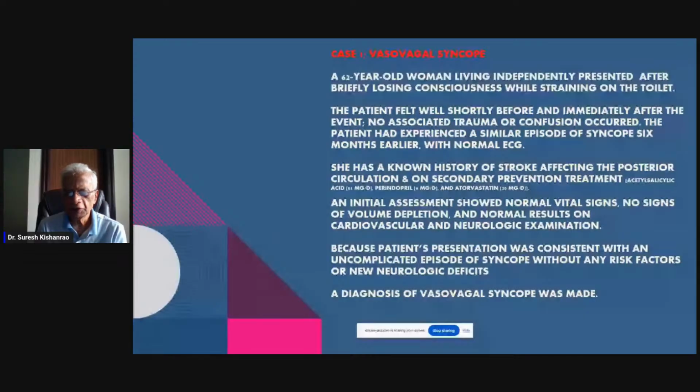Her past history indicates a stroke affecting the posterior circulation, and she was on secondary prevention treatment with aspirin, etc. My initial assessment showed normal vital signs, no signs of volume depletion, and normal results on cardiovascular and neurological examinations.